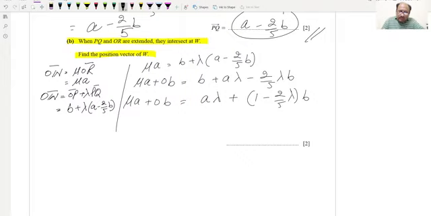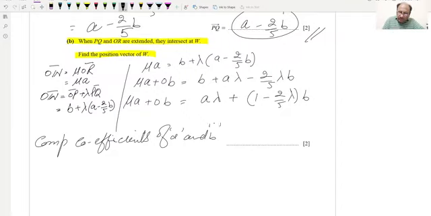Now we can compare this with this. So comparing coefficients of A and B, we will write mu is equal to lambda, and if we compare B, second equation, we will get 1 minus 2 over 5 lambda is equal to 0.